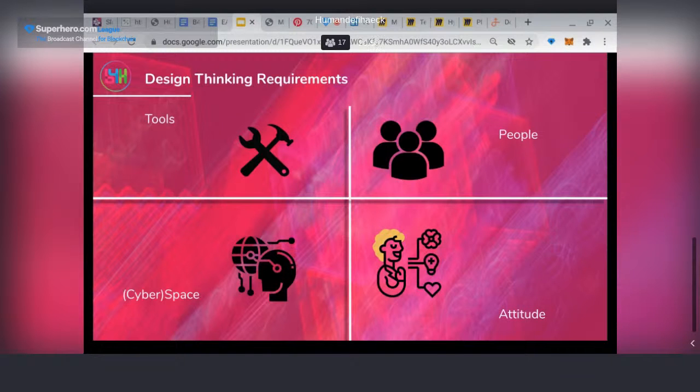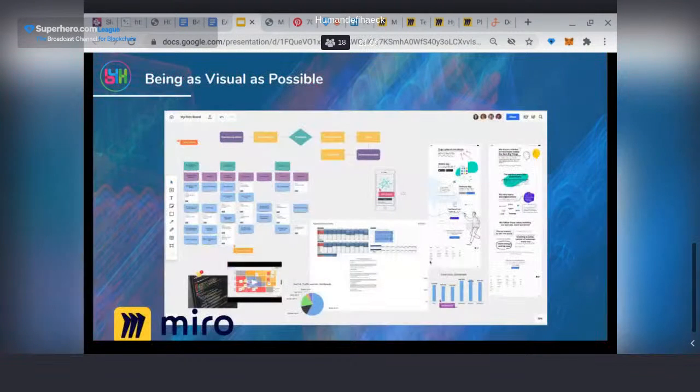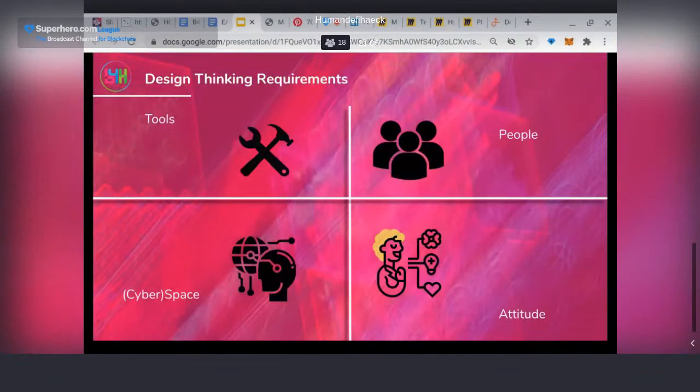Set up a Discord channel for your team and discuss your design process there. But you also need collaboration tools, like Miro itself. We're going to talk a lot about Miro today.